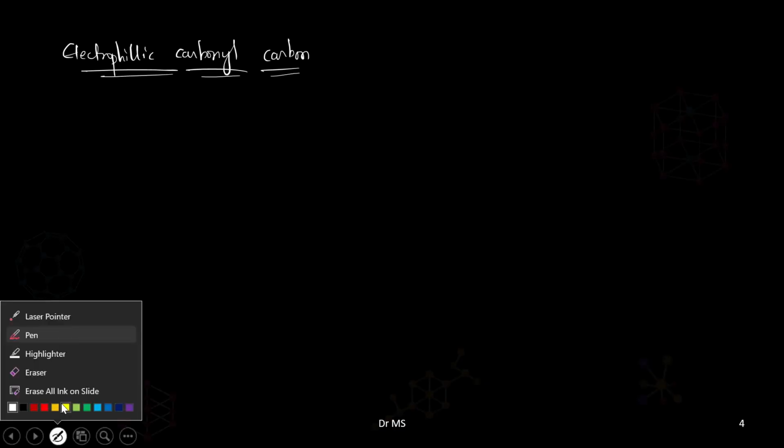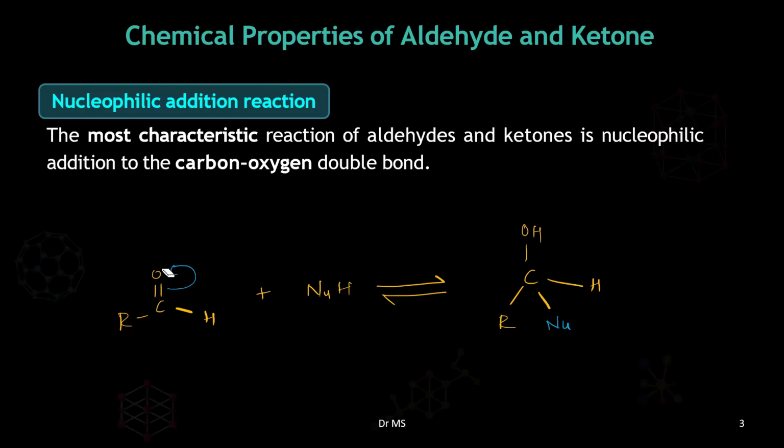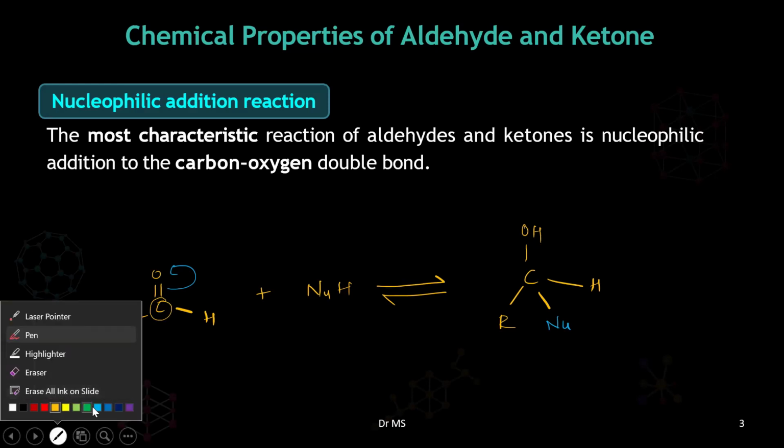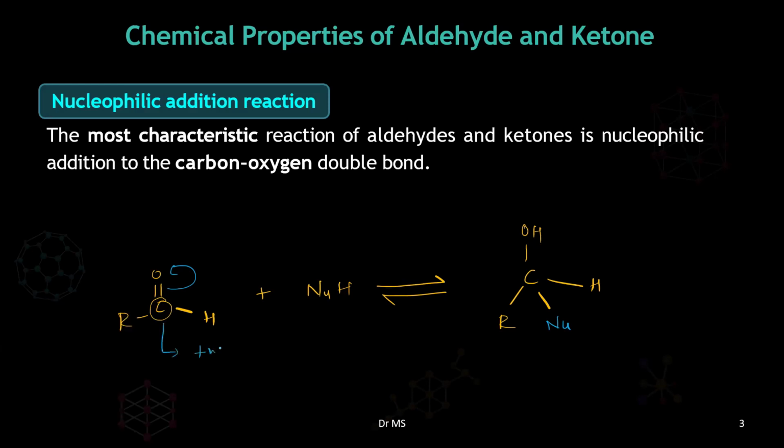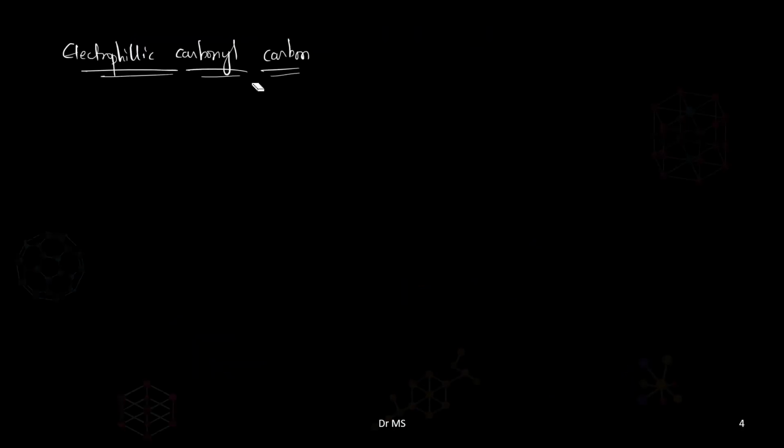So if you see this carbon double bond oxygen, this carbon is seeking electrons, because we know this carbon is positively charged, so it has electron deficiency. Understood? So just know this: the electrophilic carbonyl carbon is sp2 hybridized, and it is seeking electrons.